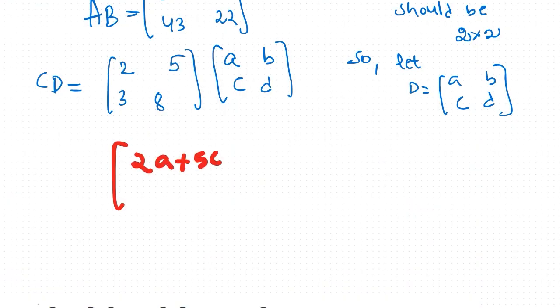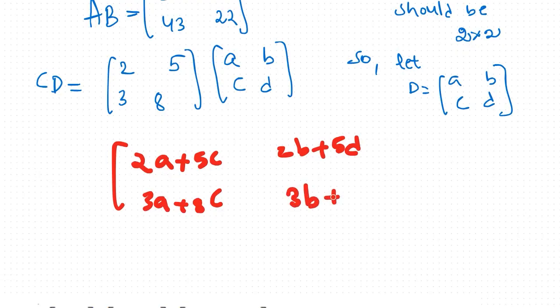Next, it will be 2B plus 5D. Then 3A plus 8C, and 3B plus 8D. So this was CD, right?